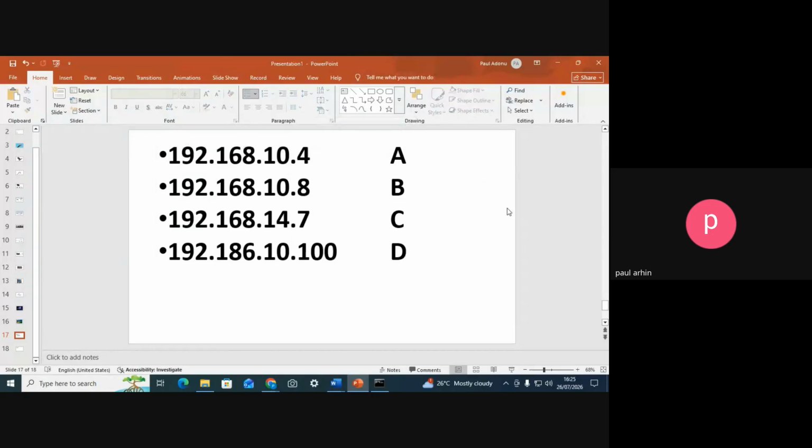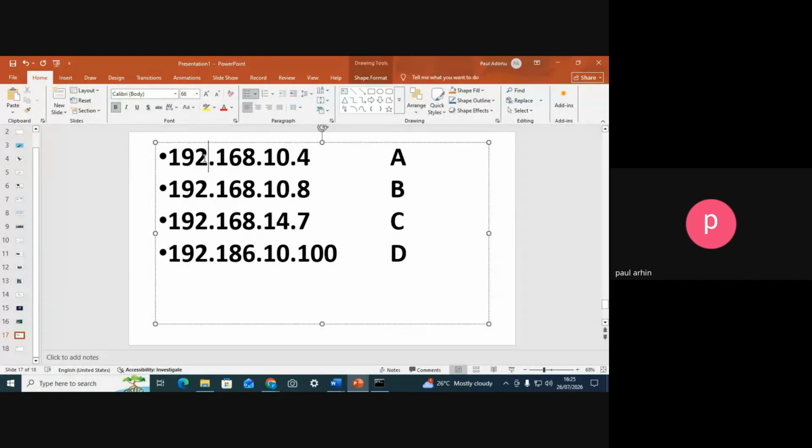And mind you, the fact that it's a class C doesn't mean that all class Cs can work in the same way, because you can still have 193, 194. So it is not that all class Cs must be in the same network. But if it's a class C, then the first three must be the same.